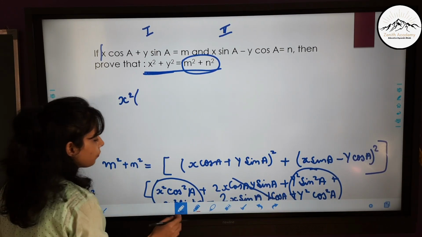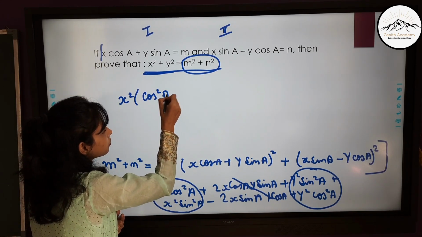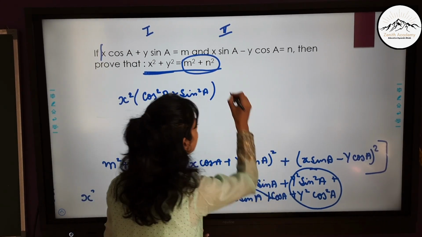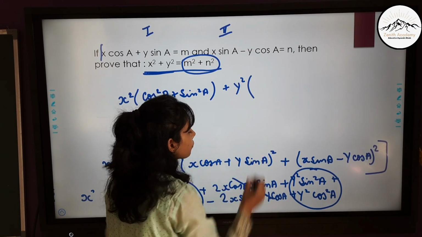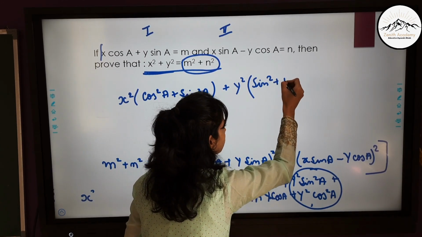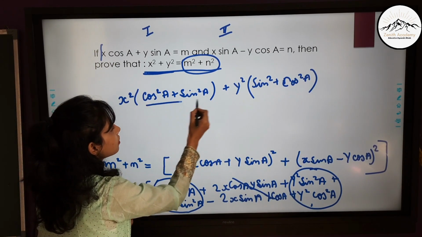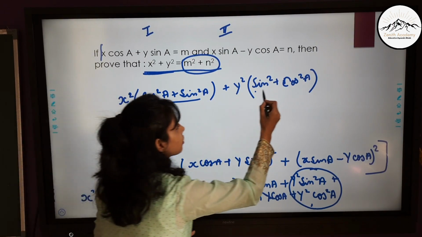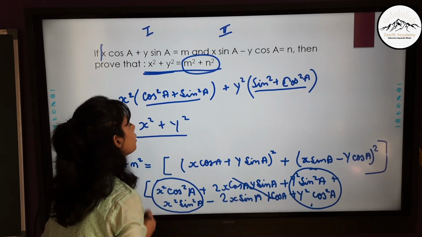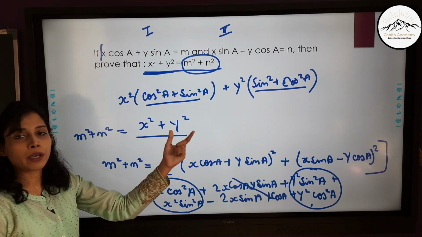So x square times cos square A plus sin square A, and y square times sin square A plus cos square A, each is 1. So x square plus y square is what we will get. And this is equal to m square plus n square is equal to x square plus y square.